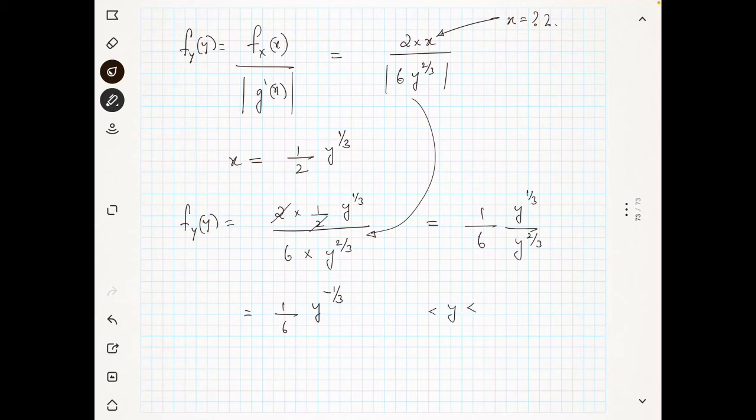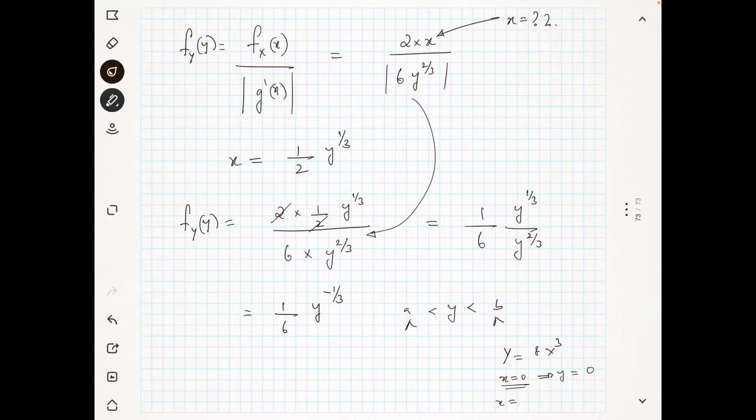Y takes the value between some limits. What are these limits, for example a and b? You know that y is equal to 8x cubed. When x is equal to 0, your y will take the value 0.